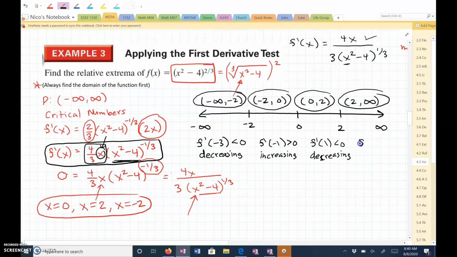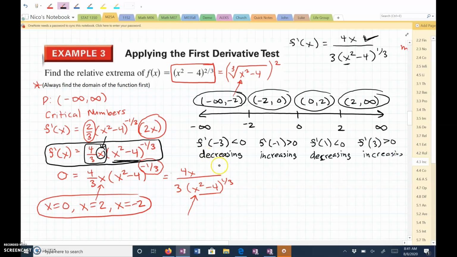Finally, let's try f prime of 3. Numerator would be positive, denominator would be positive, so this is going to be greater than 0, so this is going to be increasing.